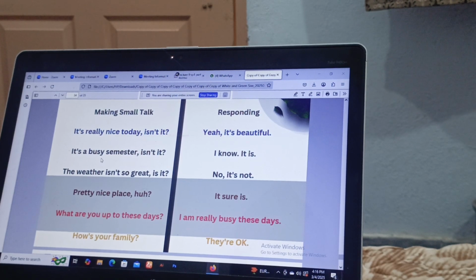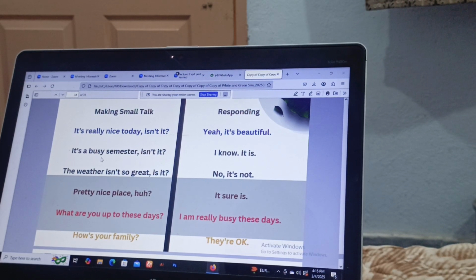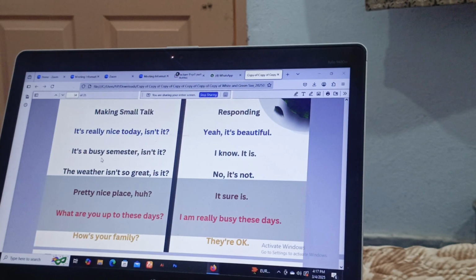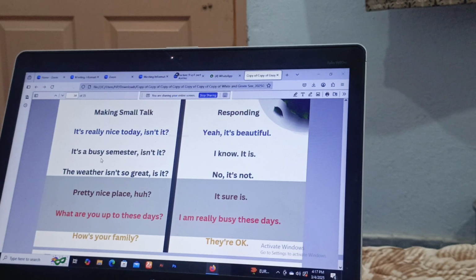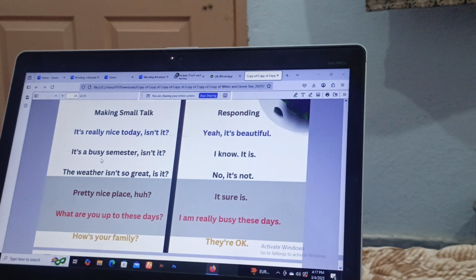Then I would say, I know it is. Now read the one in blue. The weather isn't so great, is it? No, it's not. So I'm agreeing with you. Yeah, the weather is not great. So no, it's not.